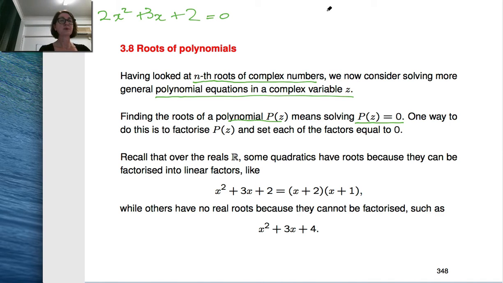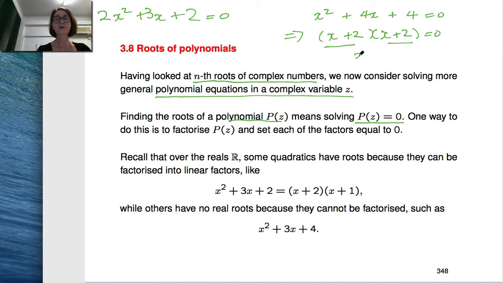So for example, if I had x squared plus 4x plus 4 equals 0, that would be the same as x plus 2 times x plus 2 equals 0, and we could conclude that if those two brackets multiplied together equal 0, then one or the other of them must be 0, so x plus 2 must be equal to 0, and then that means x equals minus 2.